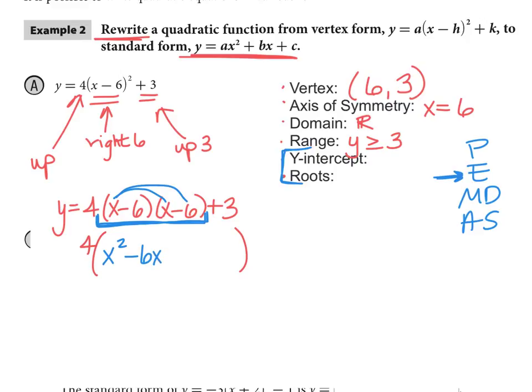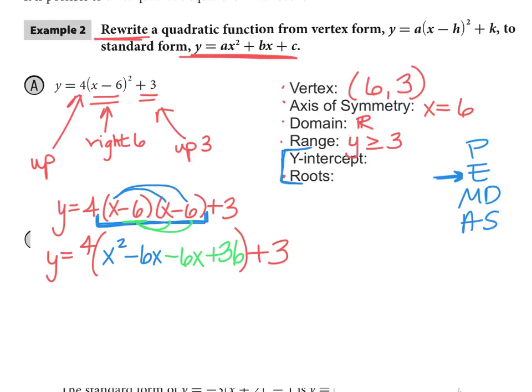All right, now I'm going to distribute with my other negative 6. Negative 6x plus 36. And then I've got my plus 3 at the end. So if you need to rewatch that part, you need to know where all of those numbers are coming from.